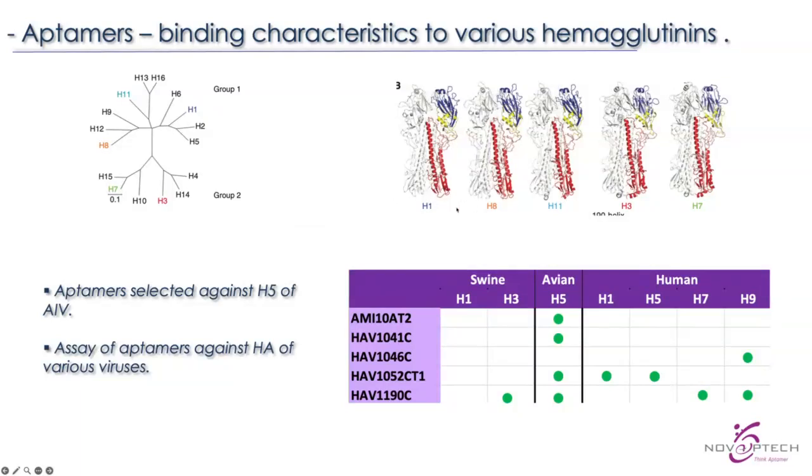We evaluated the binding of our aptamers to different variants of hemagglutinin coming from either avian virus, swine virus or human virus. You see that some aptamers are able to recognize several hemagglutinins, whereas some others are very selective and recognize only this one, H5 from the avian influenza virus.